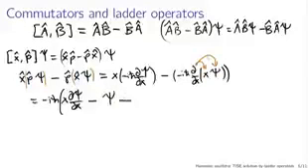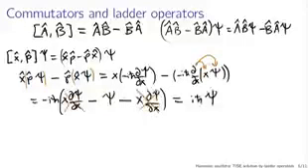And if I let the derivative hit the psi, I'll leave the x untouched, and I'll have the derivative of psi with respect to x. This is good because here I have an x d psi dx minus x d psi dx. So I can let these terms subtract out and cancel. And what I'm left with is a minus i h bar times minus psi, which is just going to be i h bar psi.